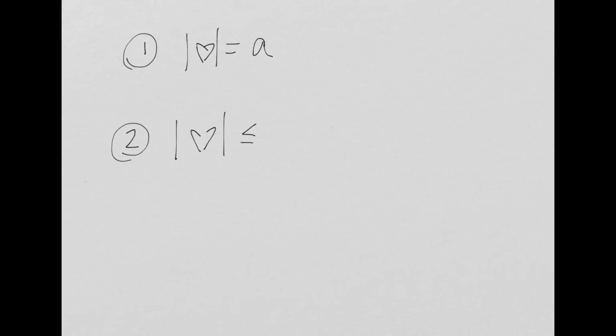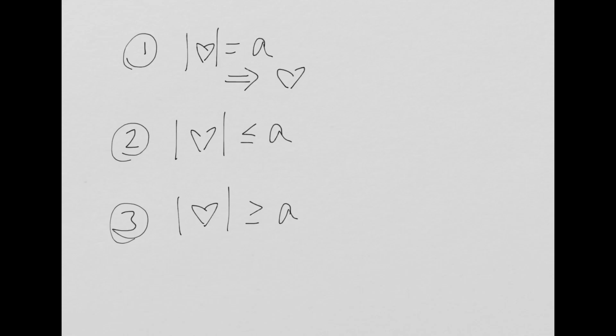So just to recap here, 3 types of absolute value problems. I have the absolute value of something is equal to a. The absolute value is less than or equal to a. Or the absolute value is greater than or equal to a. So how do you get rid of the absolute values?